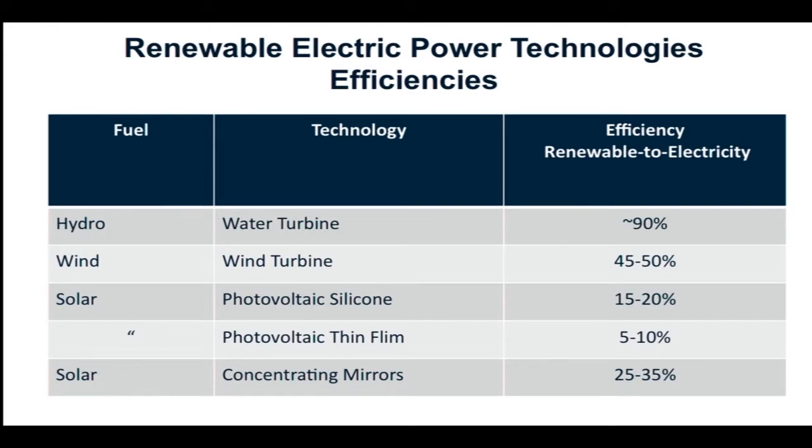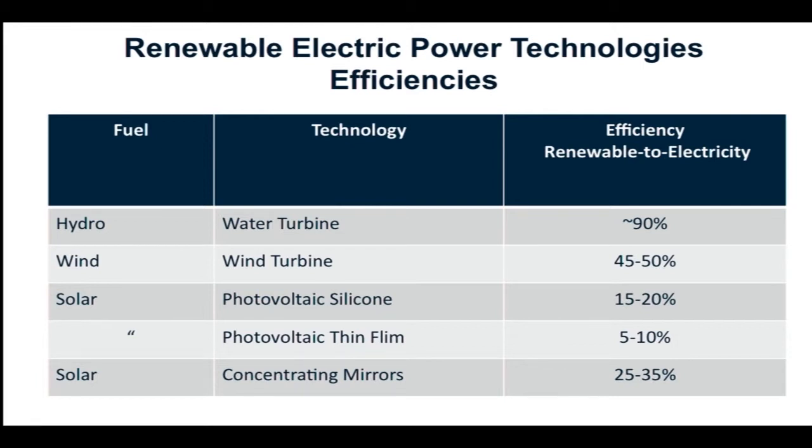You can't go to 100%, even though it's not a heat cycle, so it's not limited by the Carnot efficiency, or the heat equation for the second law. But the Betz limit, no matter what you do, if you get rid of friction and do everything in an ideal manner, is 58%. So you can't extract more than 58% of the kinetic energy in the wind and convert it to shaft power. It's just the limits of laws of nature.